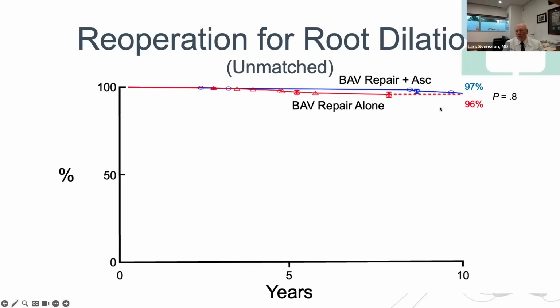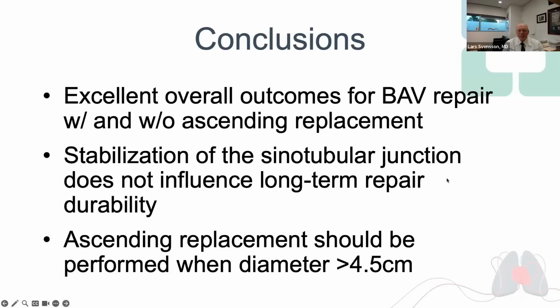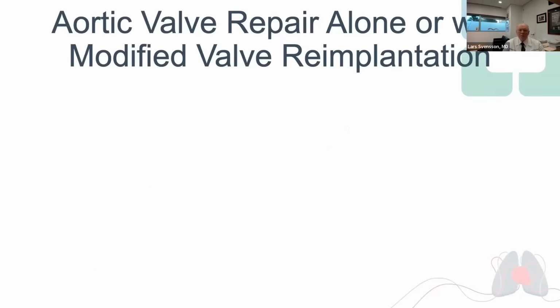And risk of root dilatation, as long as the root is replaced, if it's more than 4.5 centimeters, no difference in outcomes. So that's basically the keys from that study. But I think it's important that if the aortic root is more than 4.5 centimeters, it usually needs to be replaced. But a lot of things come into that decision making, including whether reimplantation is feasible or not.